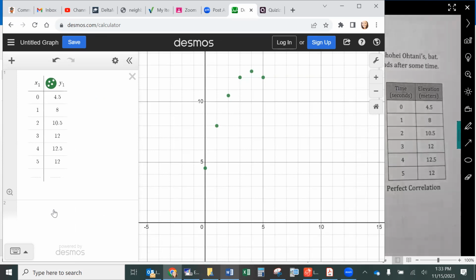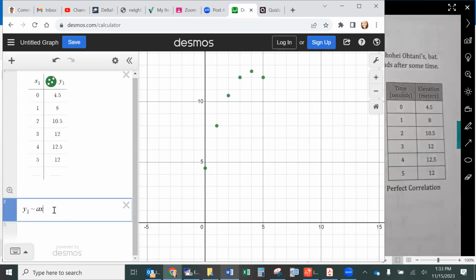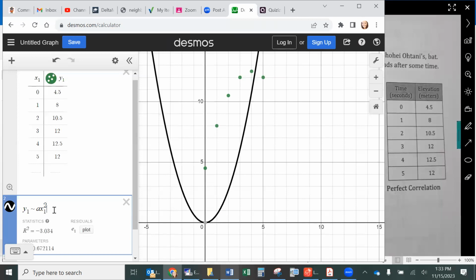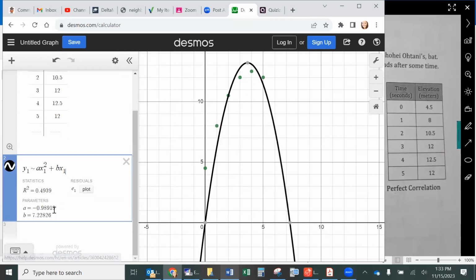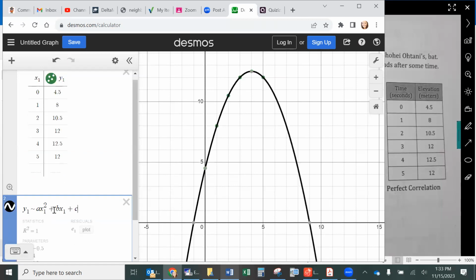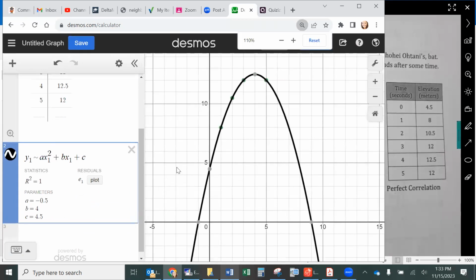Okay, then in your box 2, you're going to type in the equation that I showed you. And it should look like what's on the screen. We're doing just 3 and 4. Yeah, the last 2.